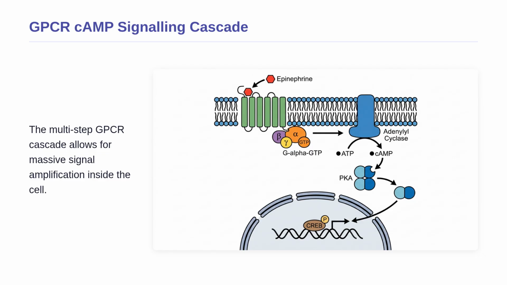The diagram shows ATP being converted into cyclic AMP molecules, which then activate PKA. Finally, you can see PKA entering the nucleus at the bottom to activate the Krebs transcription factor on the DNA. This visualizes the masterpiece of biological engineering that turns a faint whisper into a roaring shout.